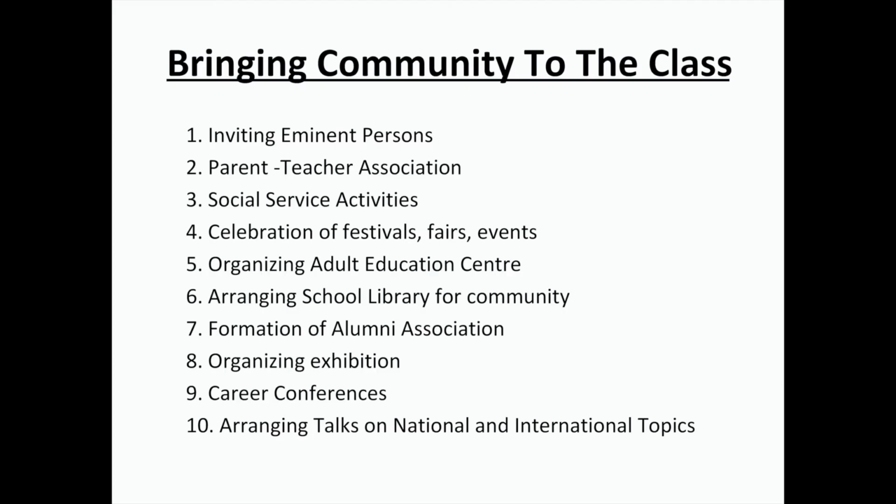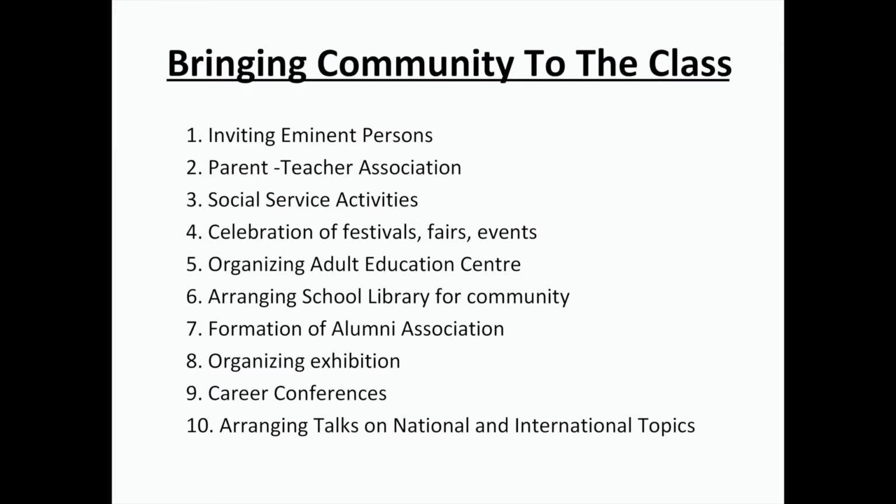Teachers should remain aware of the range of community individuals and organizations that can be accessed to provide significant learning experiences to students. Here are some important means of bringing the community to the school: inviting eminent persons. So here we can invite any person to the school, maybe an engineer, a doctor or a professional person.